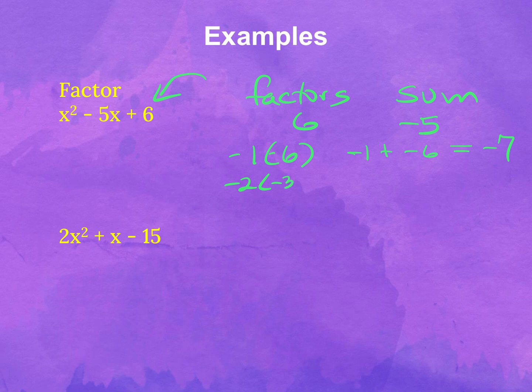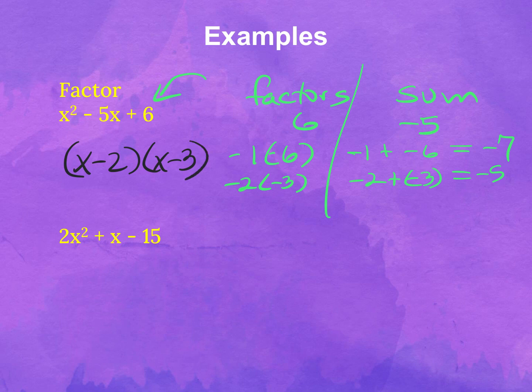But if I do -2 and -3, and I add them to get the sum, that gives me what I need. And when it's the easy trinomial, you just take those 2 factors and put them right into the binomial. So it's x minus 2, x minus 3. This is just a review of day 1. This next one was day 2.